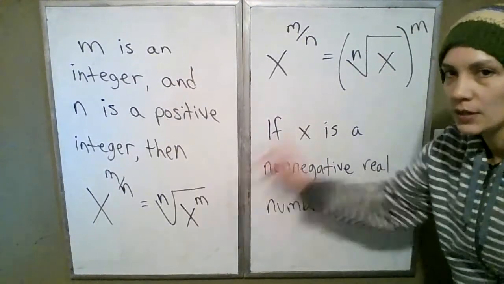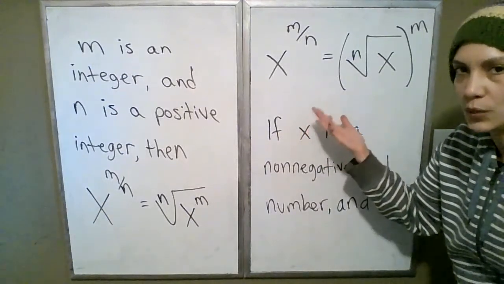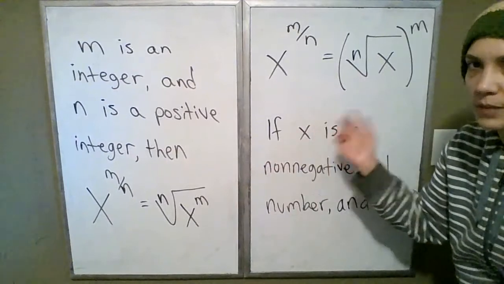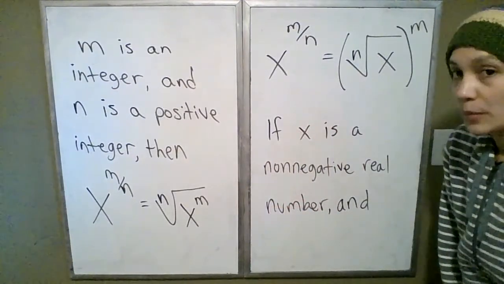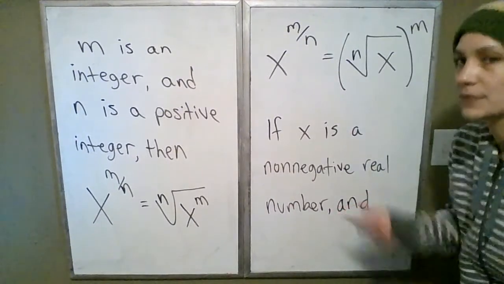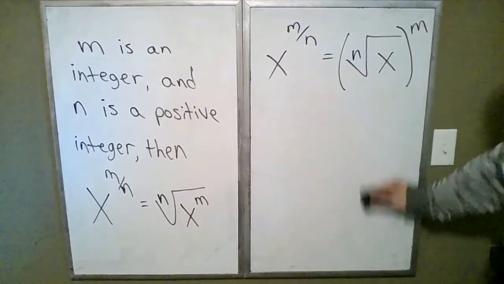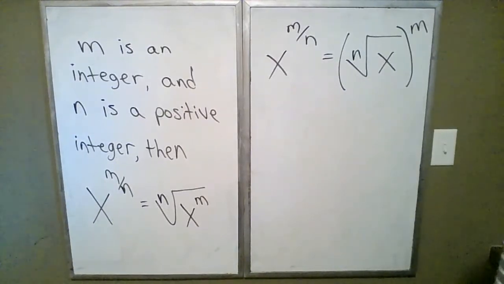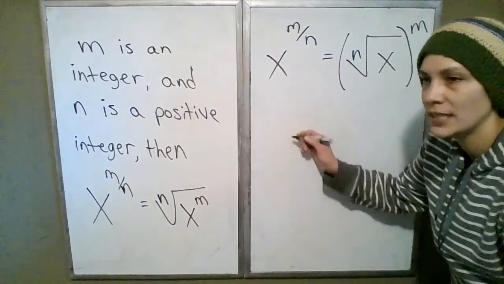So either way works. And it just is a matter of which option would probably help you solve the problem faster. We'll practice. And let's go ahead and just start to practice.